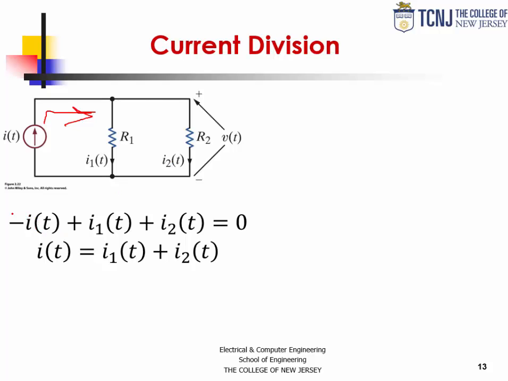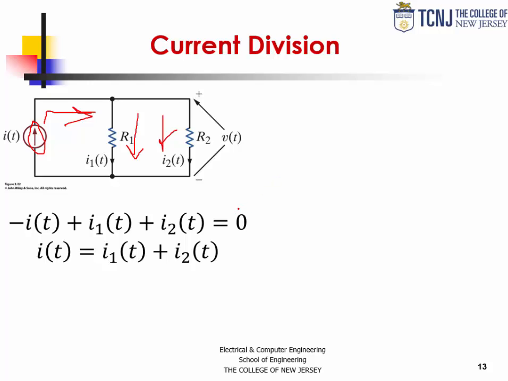I can say that minus I, that's the total current, and it's minus because it's going into the node as given by the source direction here, plus the current going through resistor 1, plus the current going through resistor 2 is equal to 0.